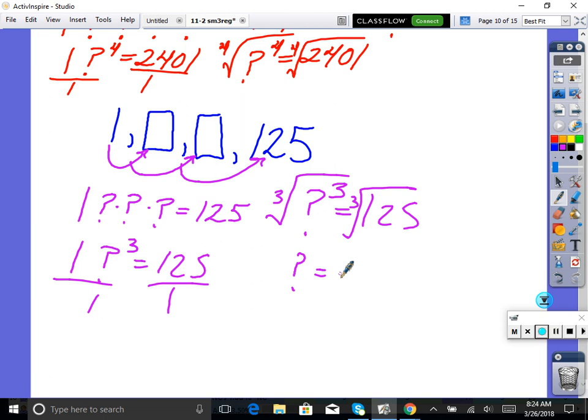They're either positive or negative, depending on if it's positive or negative underneath. We can take the cube root of negative 125, that would be negative 5, but it's positive 125, which is 5. We are only timesing by positive 5 for sure. 1 times 5 is 5, times 5 is 25, times 5 is 125. Does that make sense? Odd roots do not get plus or minuses. Even roots do. It's that simple.